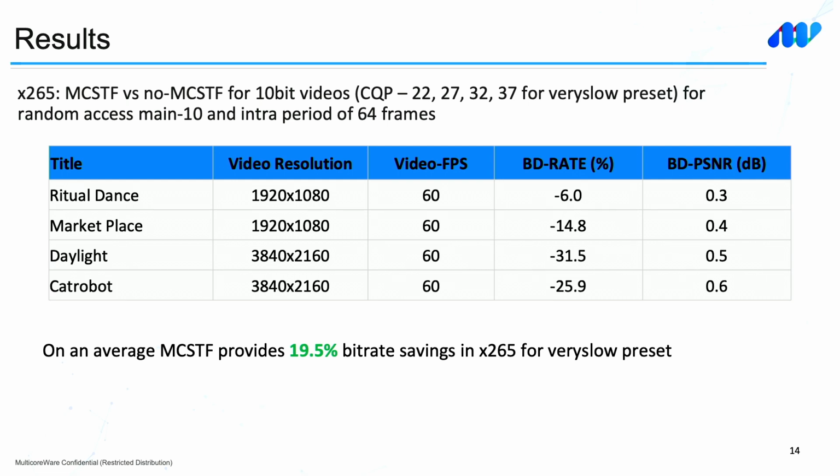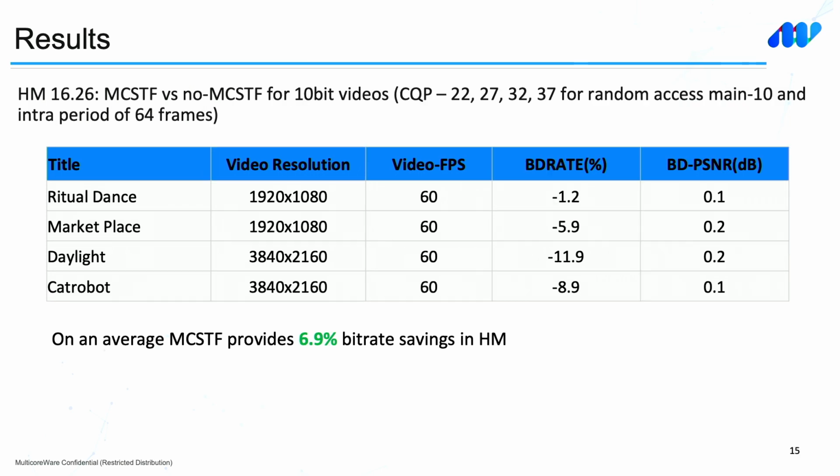We ran the same set of tests with HM 16.2, CQP 22 to 37. Here the overall average coding efficiency gain was around 6.9%.